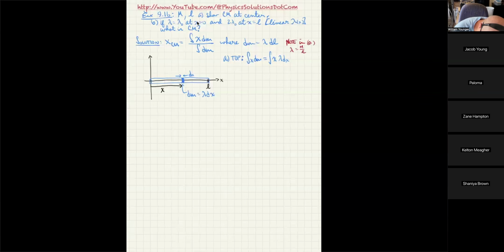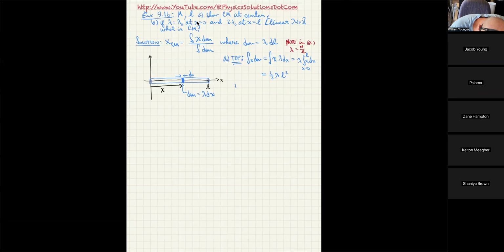And we can immediately see that this becomes lambda times the integral of x dx, from x equals 0 to L. So we're going to get one half lambda L squared for the top.